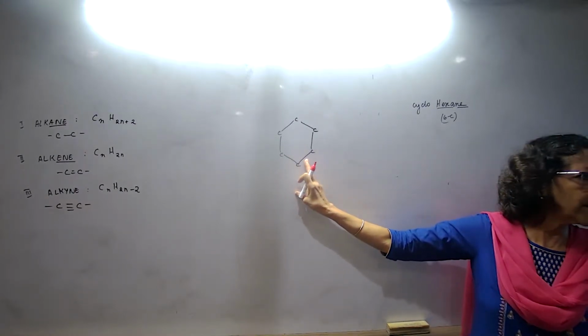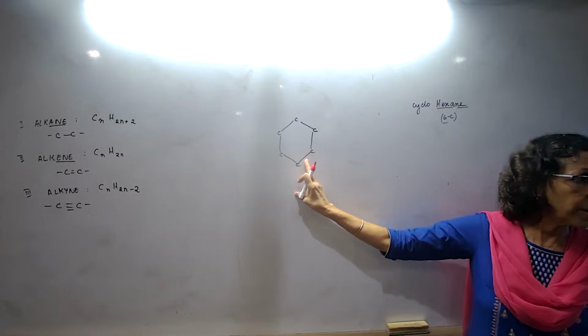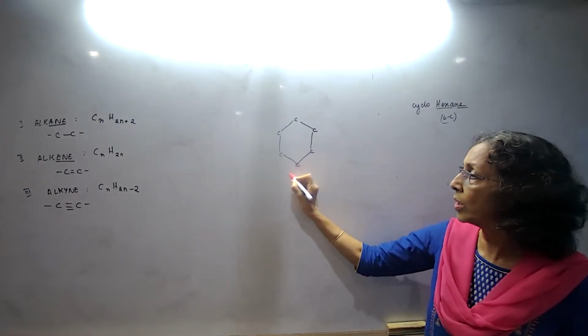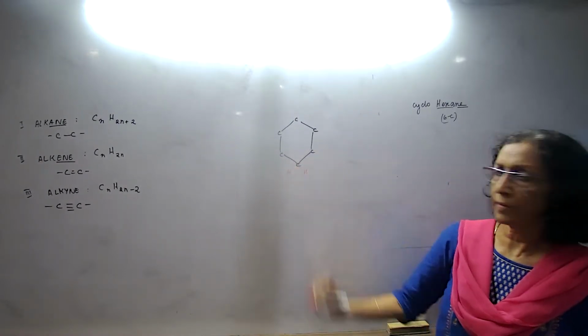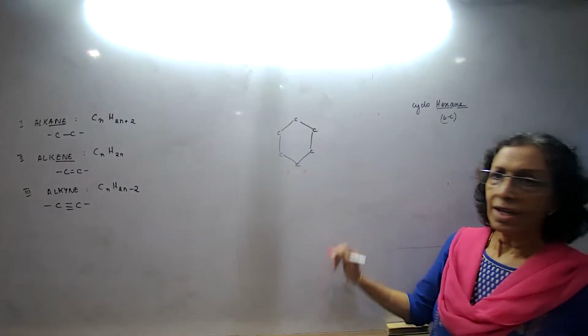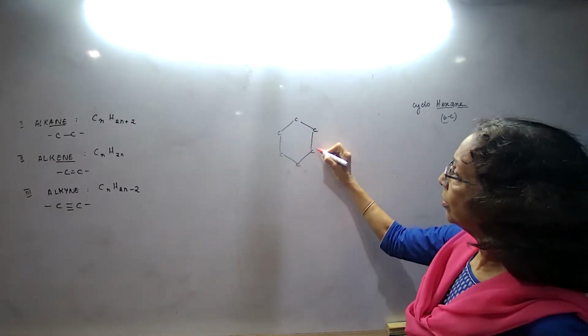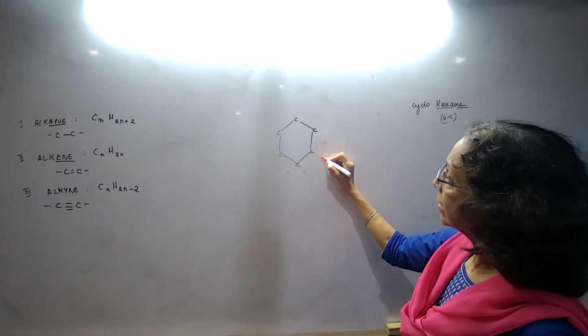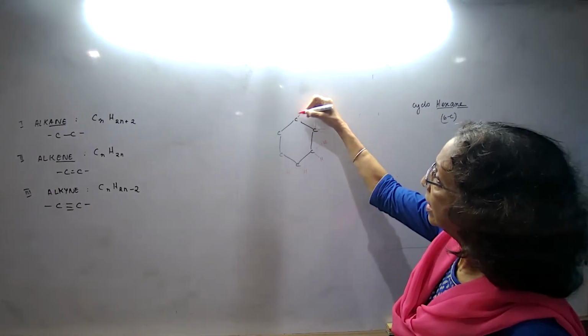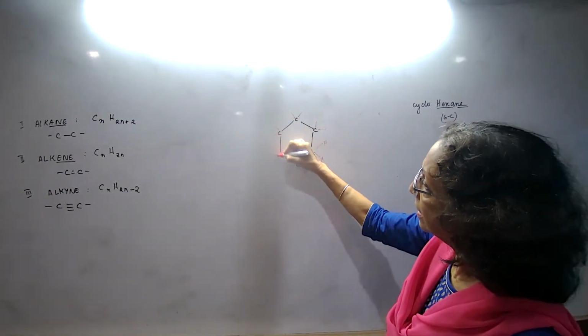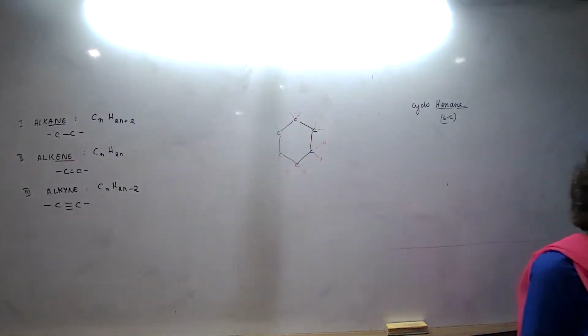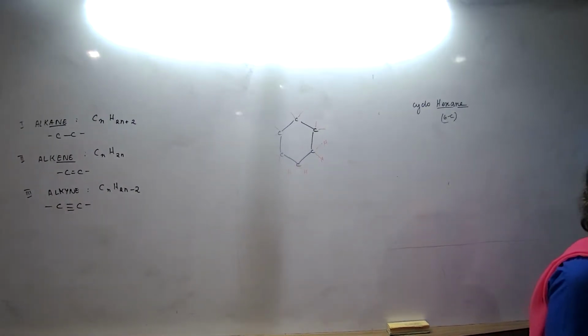How many more bonds does it need? It requires 2 more bonds. So you will draw 2 more bonds with hydrogen. Here also you will draw 2 more hydrogen. Similarly, you will draw here, here, and here. Okay?